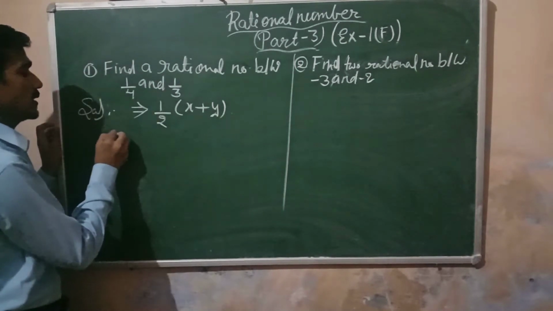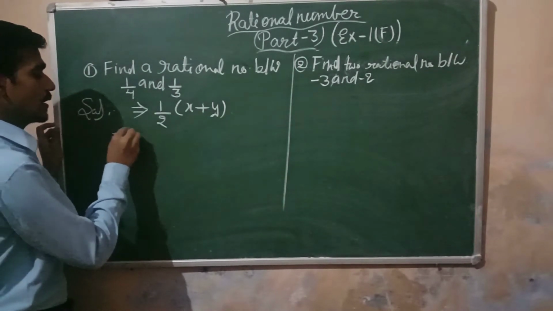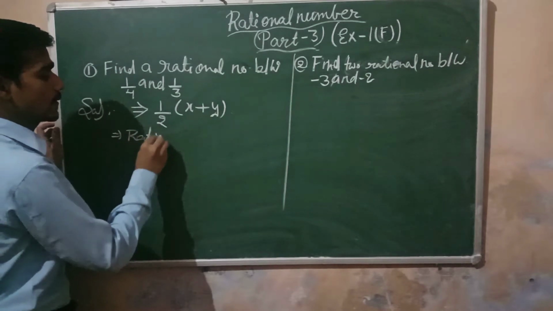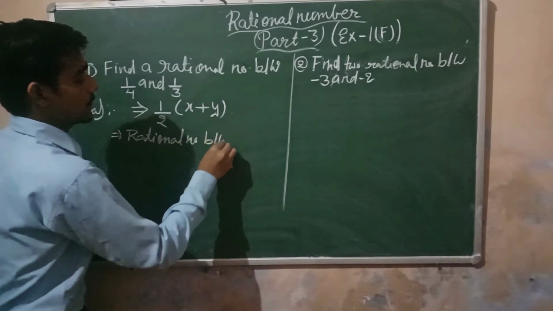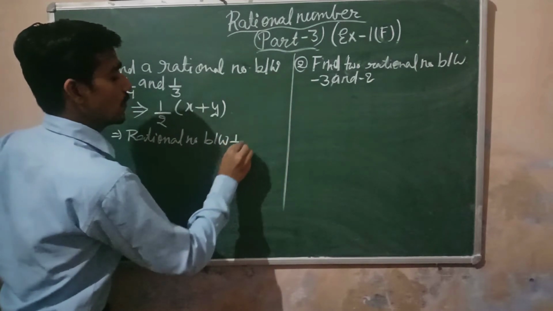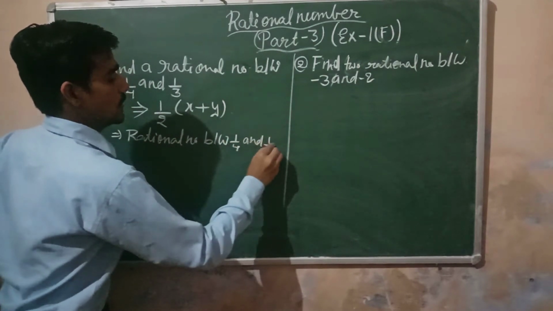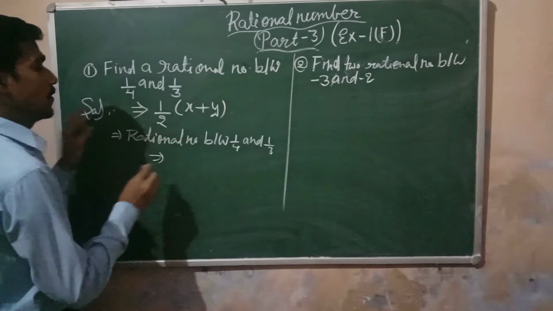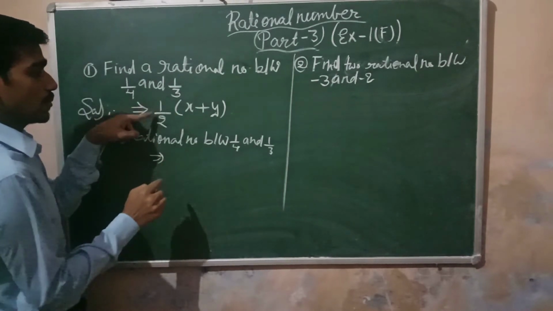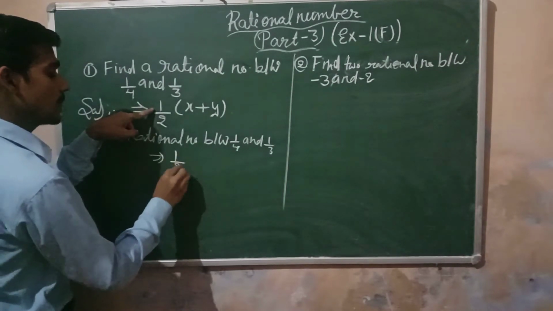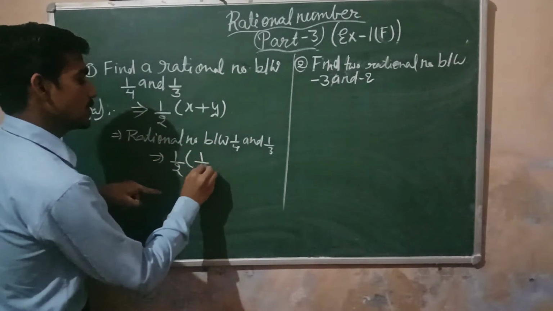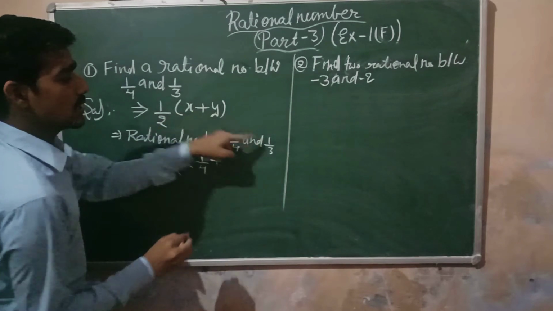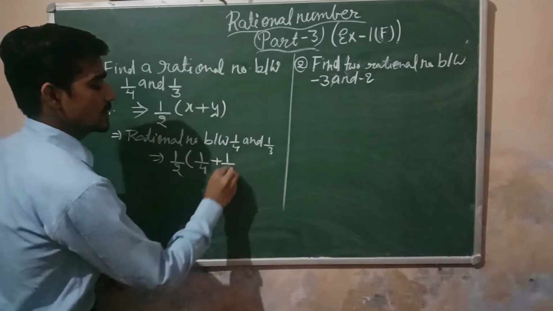And you will write here a rational number between 1/4 and 1/3. Clear? Firstly, write the formula 1/2 in bracket, x is equal to 1/4 plus y is equal to 1/3. Clear?